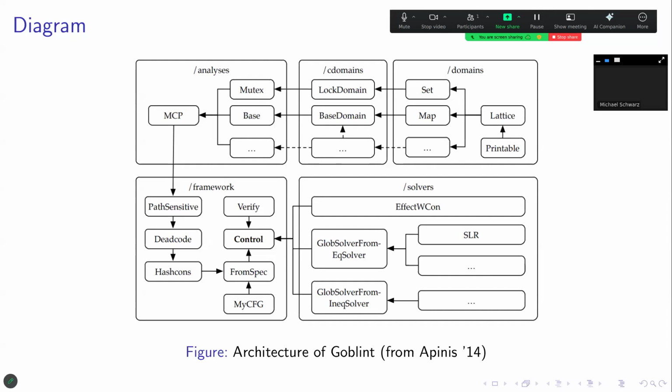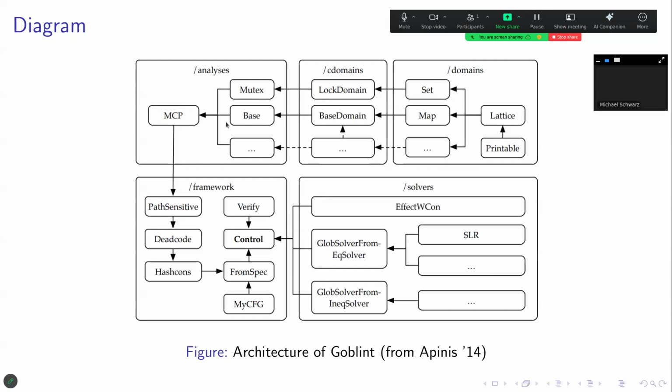And in real-world systems, maybe you do not want to only analyze the mutexes that are held at the program point, but you also want to know about the values of variables. So what the Goblint system does is it can combine all of these different analyses together through something that is called the MCP. I think it's Master Control Program or something.